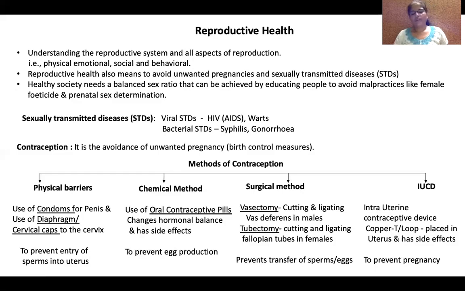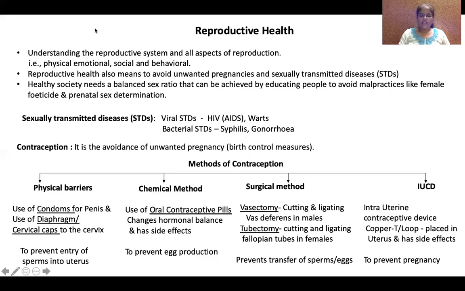What is reproductive health? Reproductive health means avoiding unwanted pregnancies. Getting fertilized and getting pregnant itself is a big risk for a woman.